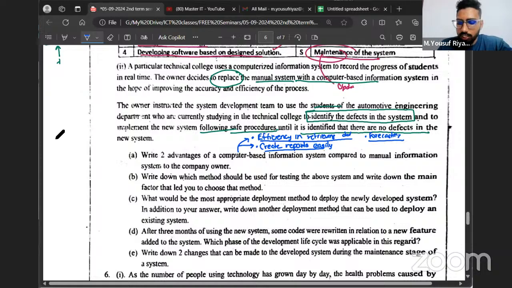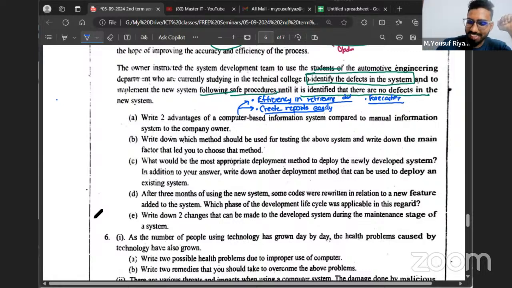What about completeness? Those are all information characteristics, not system characteristics. Accuracy, cost effectiveness, don't go and write them here. Those are different topics. What about speed? Those are not features of a computer-based system. Accuracy and speed are features of a computer. You will learn about accuracy in two scenarios: features of a computer and features of information.